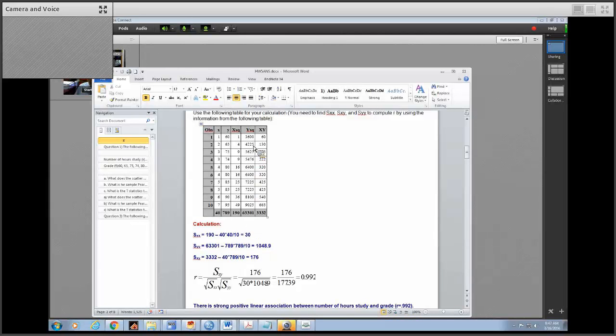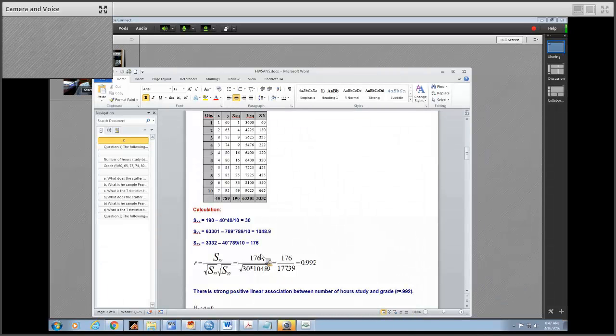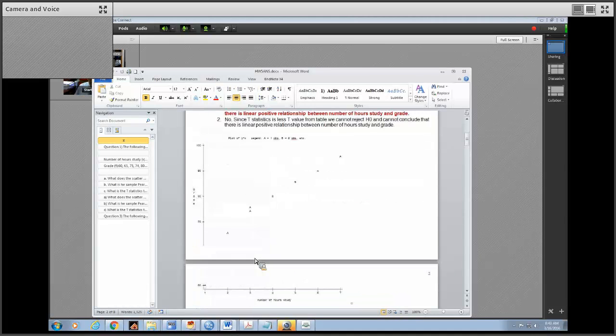I did the same for y squared: 63301 minus 789 squared over 10. Then SSxy was 3332 minus 40 times 789 divided by 10. Then 176 over the square root of 30 times the square root of 1048.9. I got 0.99. So there is a positive and strong correlation.